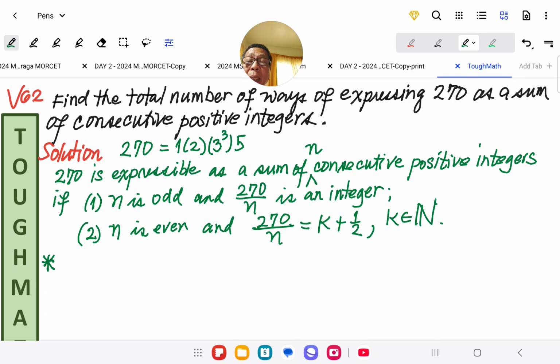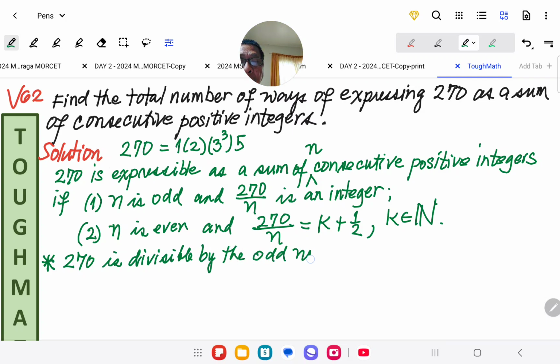The odd numbers 3, 5, 9, and 15 divide 270. Okay, so 270 is divisible by the odd numbers 3, 5, 9, and 15.